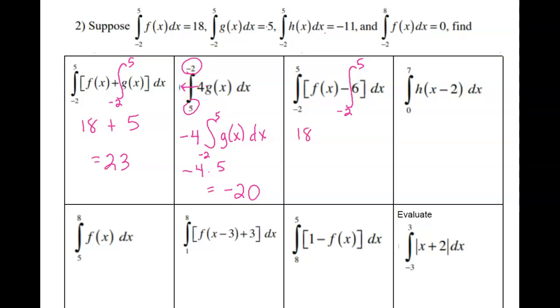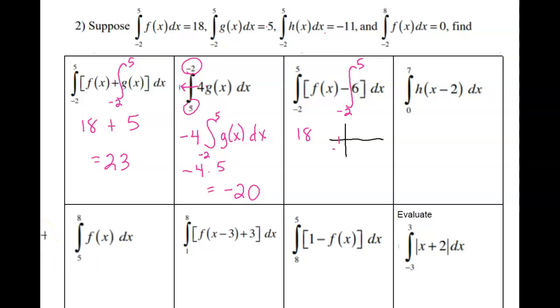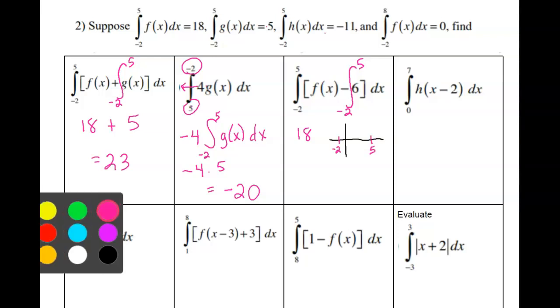Now let's think about a graph. Okay, since I'm not given any information about 6, we have to think of what does that really mean? So I'll show you once, and then you probably can think of shortcuts after this. So it means we want to go from x equals -2 to x equals 5 of this graph, which is 6.